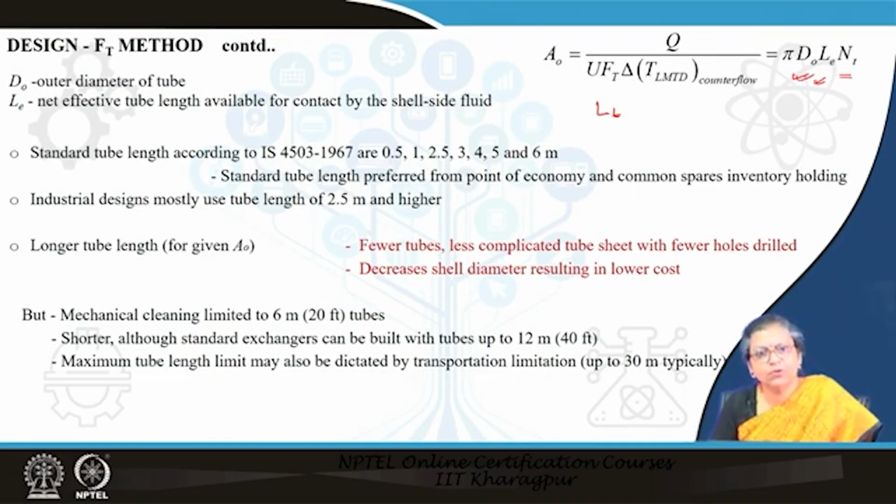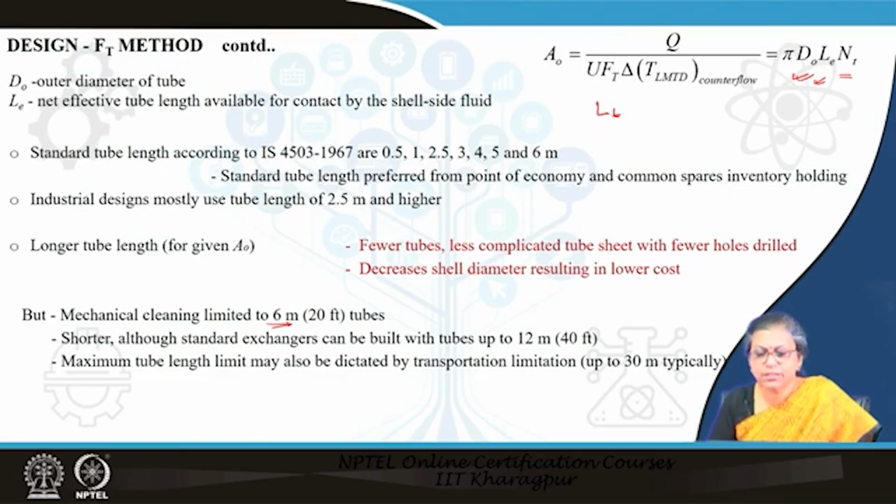At the same time, when we go for very long tubes, mechanical cleaning becomes very difficult. Mechanical cleaning is limited to 6 meters of tube length. Although we can go up to 12 meters, for mechanical cleaning 6 meters is the maximum. The other thing is, very long tubes can also be a problem for transportation.